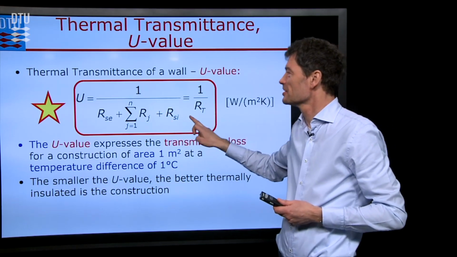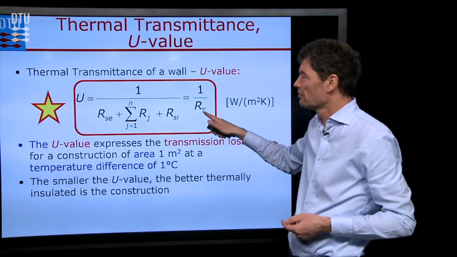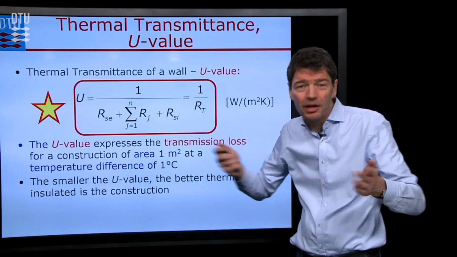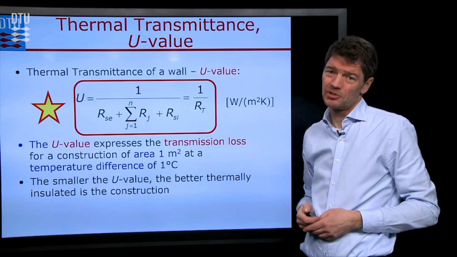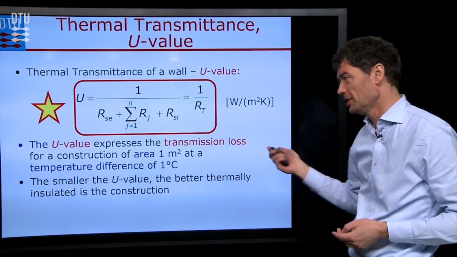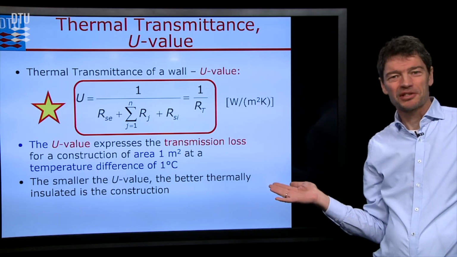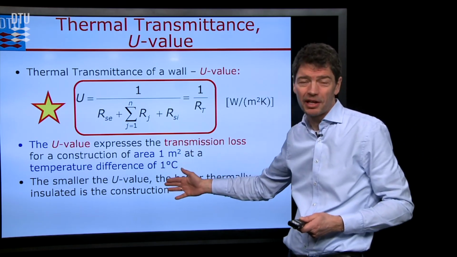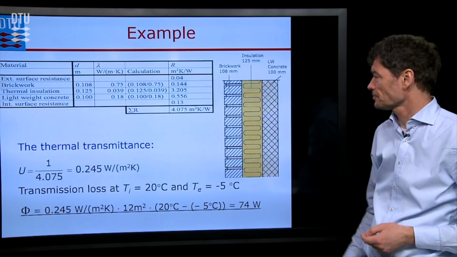So the total resistance is the sum of all those layers' resistances, and 1 over the total resistance is our U value, as we call it in daily speak, but formally it's called the thermal transmittance of our wall. And here is how to calculate it. If we want a well-insulated construction, we want one that has a low U value, so a low thermal transmittance.